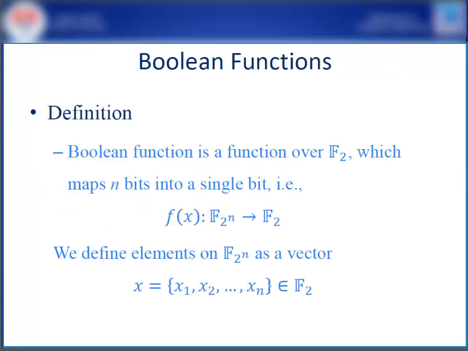A Boolean function is a function which maps n bits into a single bit. Boolean functions are always calculated over a finite field F2. The term finite fields is new in our lesson, so for now, let's define a finite field F2 as a set of elements modulo 2.